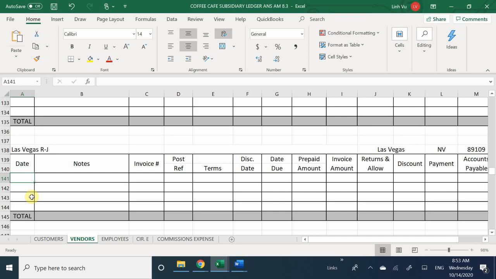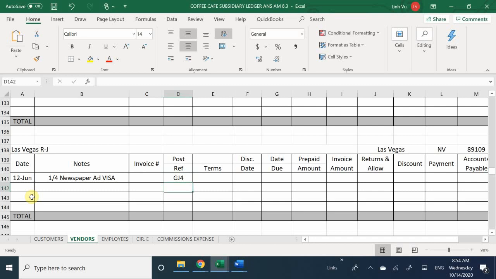Here I'm going to write that I purchased 1/4 newspaper ad, and I paid with the Visa credit card. General Journal number 4 again. Post reference is going to be my General Journal 4.